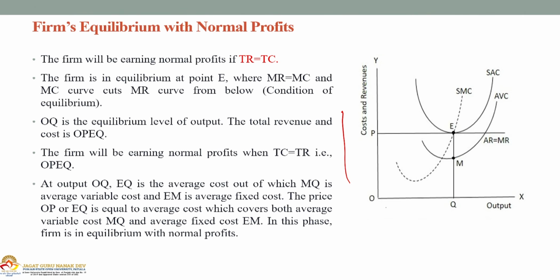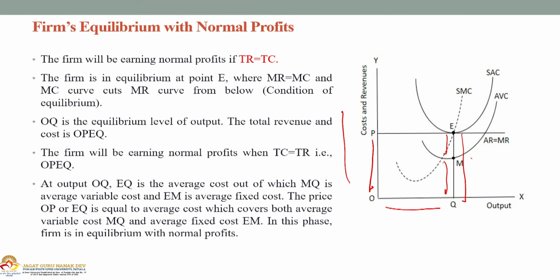At output OQ, EQ is average cost, out of which this portion MQ is average variable cost, and this portion EM is average fixed cost, and OP is price, which is equal to average cost, which covers both average variable cost MQ and average fixed cost EM.